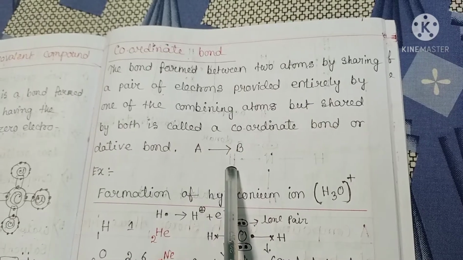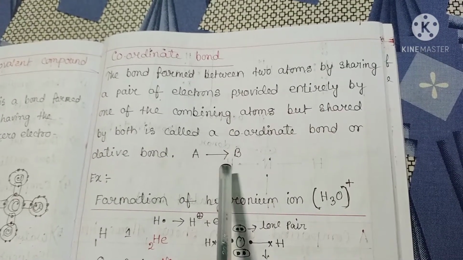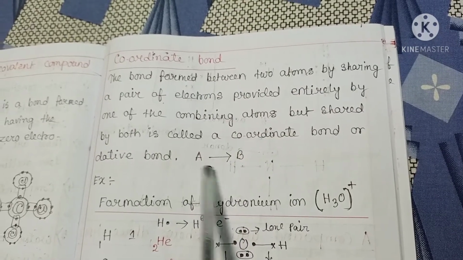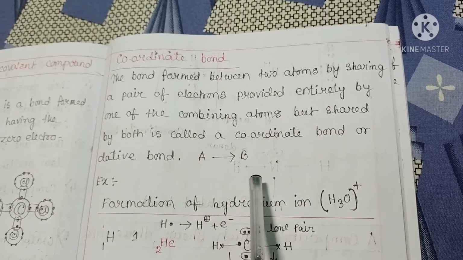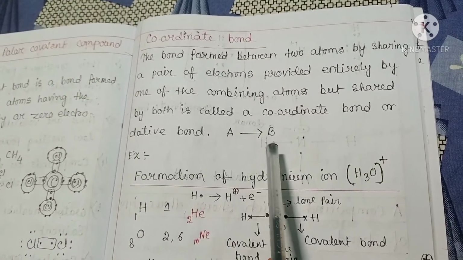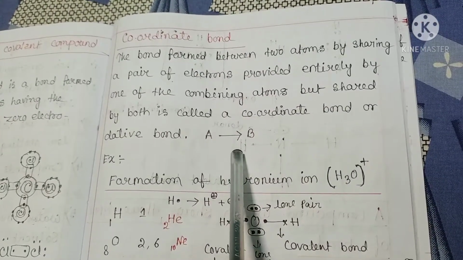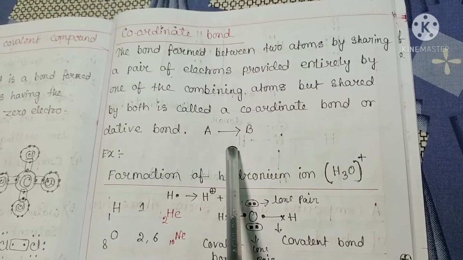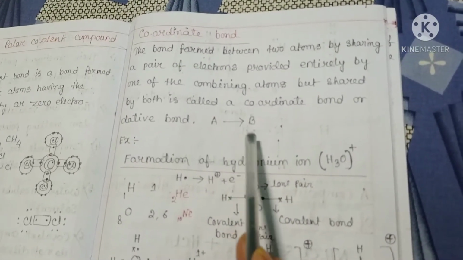The coordinate bond is shown by this sign, and the head of the arrow is towards the acceptor, that is A towards B. A coordinate bond is a directional bond. It has properties of both covalent and ionic bonds. Therefore, it is called a co-ionic bond.